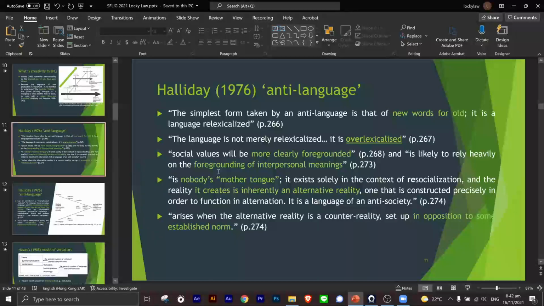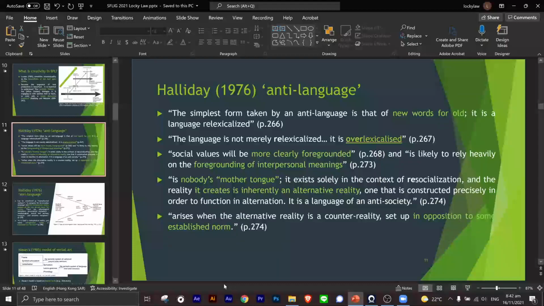Yeah. So the foregrounding part, according to Halliday's anti-language, was more focused on interpersonal meanings. In my research, when I first started, I used not really a textual corpus but a television drama.